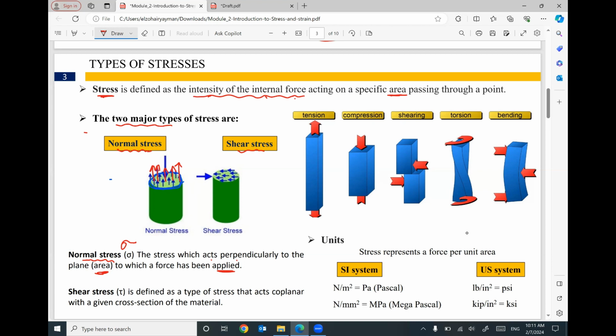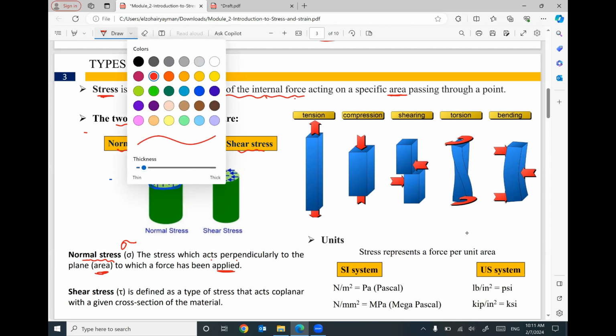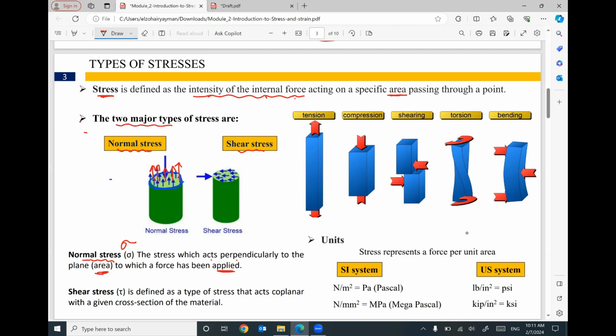What is the meaning of shear stress? If you have a force and this force causes an intensity of the internal force, this intensity will be parallel to the cross-section. Here is the cross-section. If the intensity is parallel to this cross-section, not perpendicular, parallel, in this case it will be shear stress.